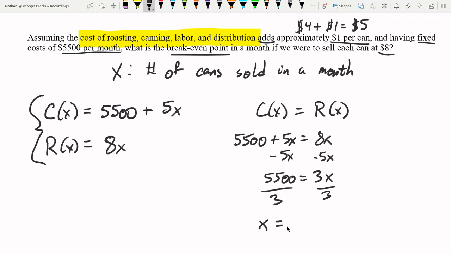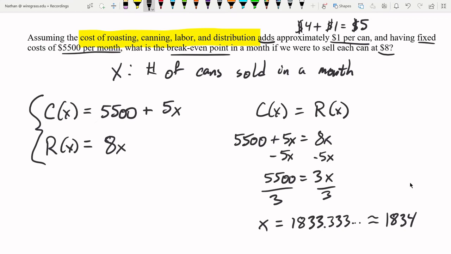So we get x equal to 1833.333, repeating, of course. You can't produce 0.3 of a can, so really you should round this upward. This is really 1,834. So this is our break-even point.